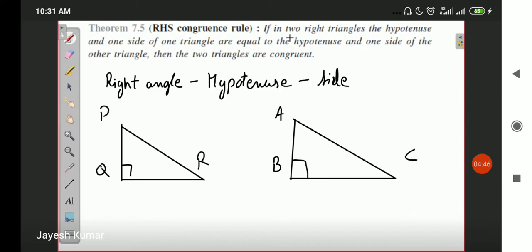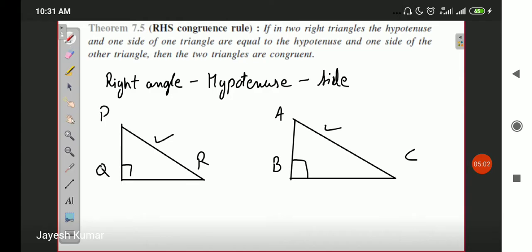If in two right angle triangles, the hypotenuse and any one of the sides are equal, then both the triangles are congruent.